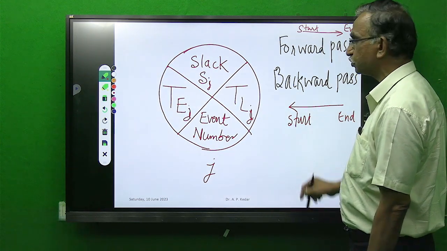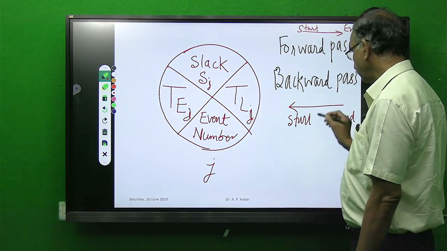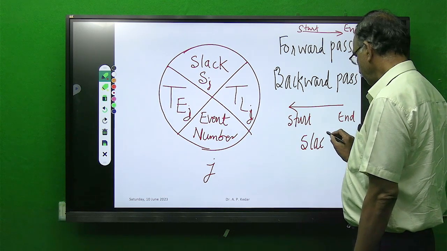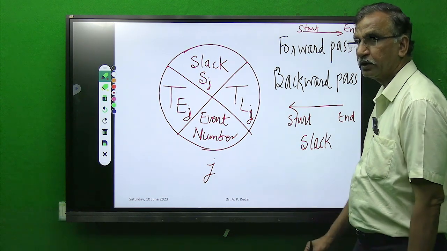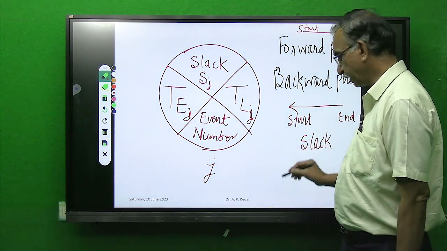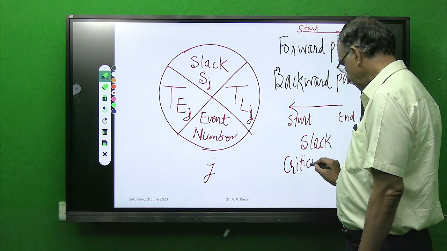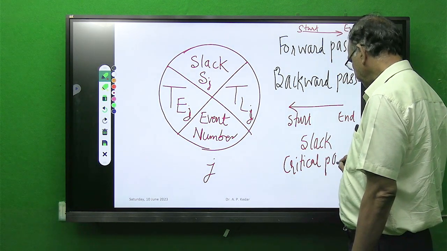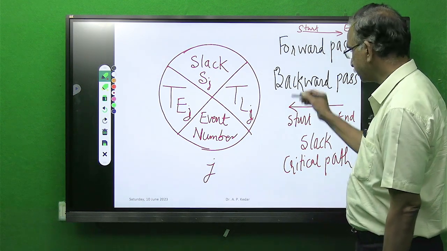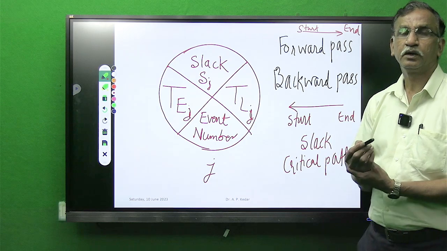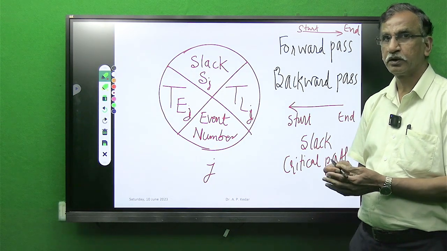After doing these two calculations, we find the value of slack for each event, and after finding slack we find the critical path. So this is the flow when we analyze any network.